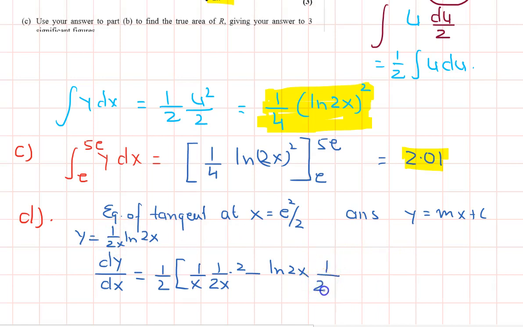So that is 1 over 2x squared, x to the power minus 1. So this is equal to 1 over 2x squared minus ln 2x over 2x squared.